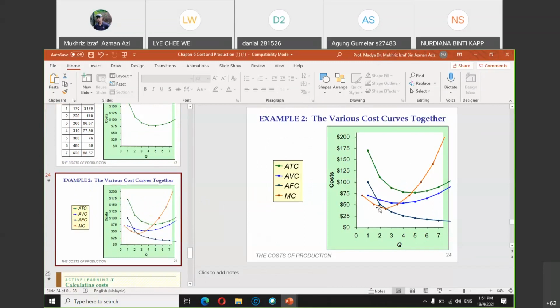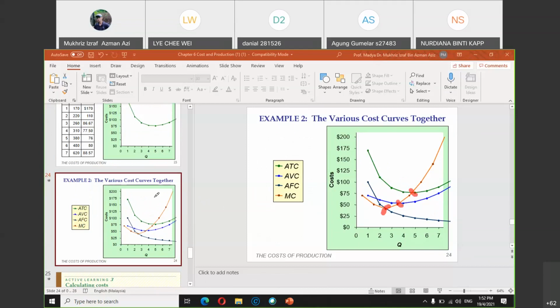Marginal cost starts to decline and then goes up again. Average cost and average variable cost are both like a U shape, compared to average fixed cost, which keeps on declining. One thing that you need to observe here is the intersection point.